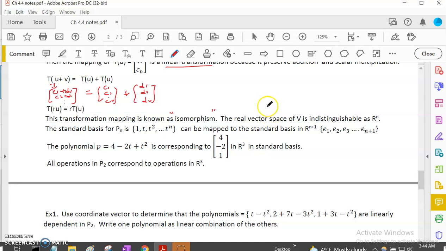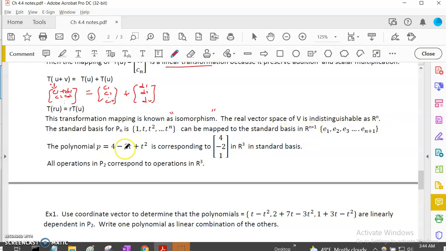So for example, in polynomials, we have a standard basis of 1, t, t squared, up to t^n. We proved it in the last section. Now this can be mapped to the standard basis e1, e2 to e_{n+1} of R^{n+1}.